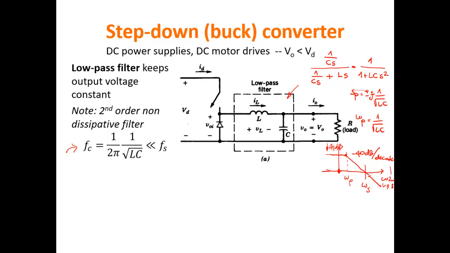One, which is the most obvious one, not the most important one, but I mention it first: if I have a battery-operated device, I want to preserve the duration of the battery. If I do not dissipate power in the converter, but only in the load, in total I'm dissipating less power, and therefore the battery is going to last longer.